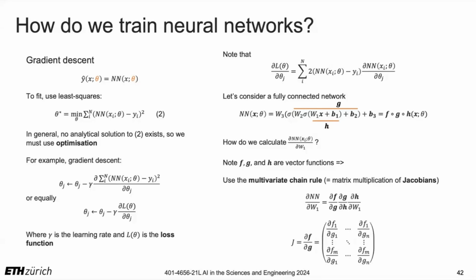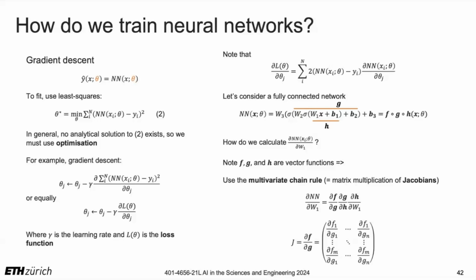To do that, we can evaluate this, dm by dW1. But this object here is not a scalar gradient. It's actually a matrix, a Jacobian to be more precise, which contains the derivative of each component of the output with respect to each component of the weight matrix.